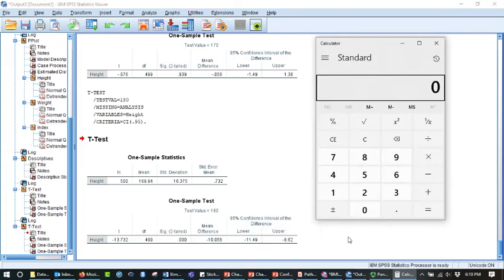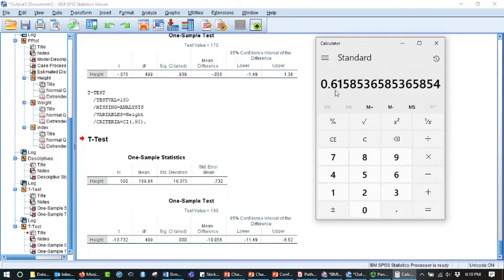I'm going to use my mean difference divided by my standard deviation. I don't care about the negative sign, so I'm going to say 10.15, divided by 16.4, and I'm going to get 0.62. So that's a medium effect, a little bit more than 0.5. It's a fairly medium-sized effect. Not bad at all.